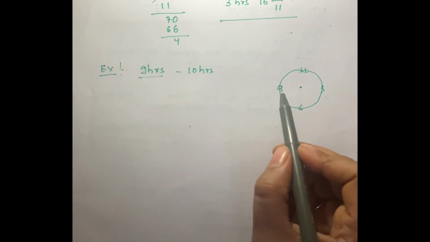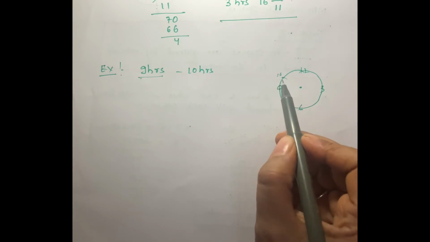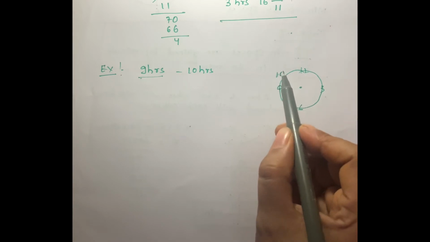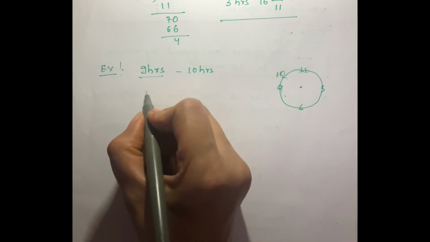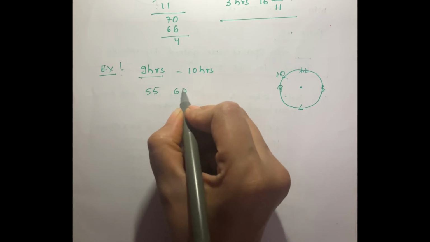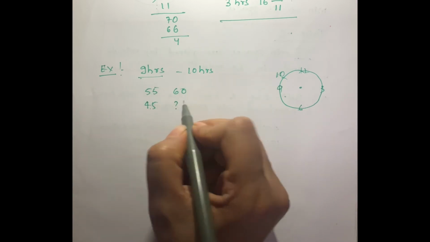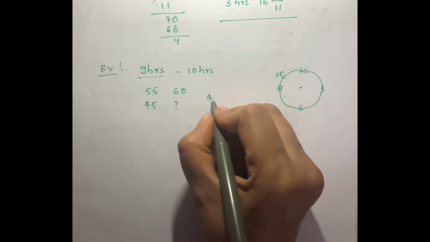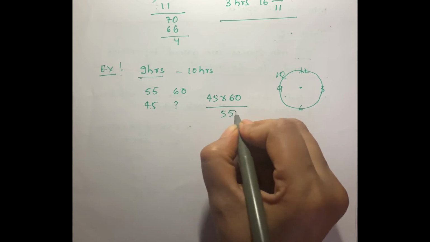So 9 hours means here, and between this is 10. Somewhere here it is going to meet, isn't it? If it has crossed 9, it means it has crossed 45 minutes. So come on, write it. 55 spaces, 60 minutes. 45 spaces, how many minutes? 45 into 60 upon 55.